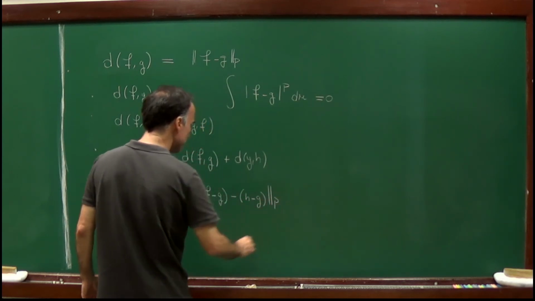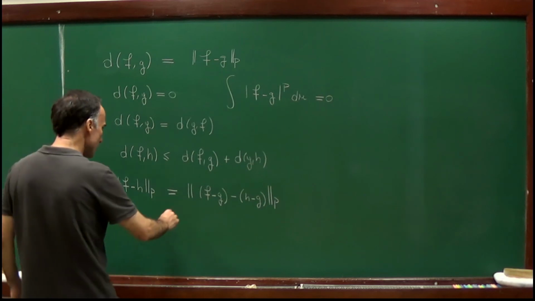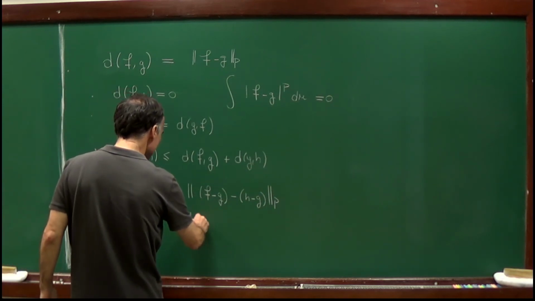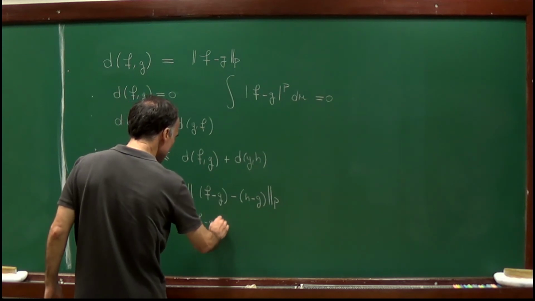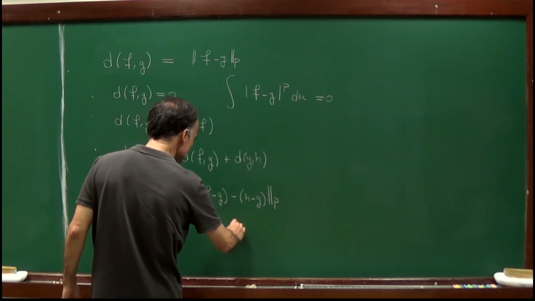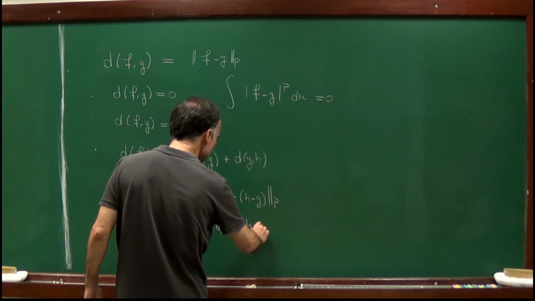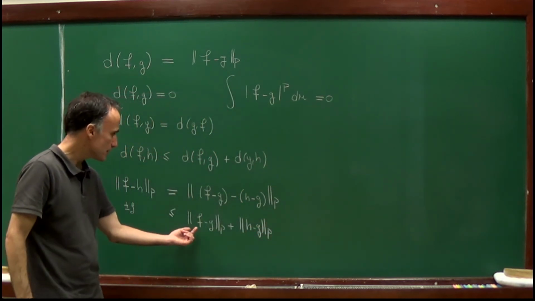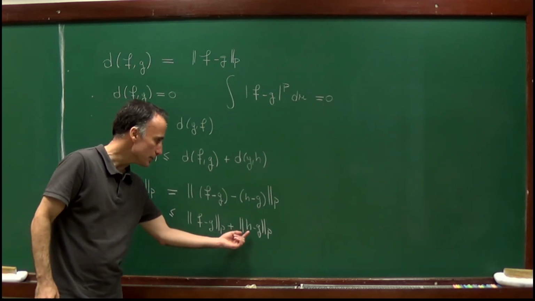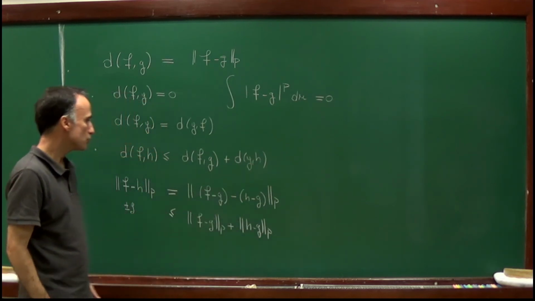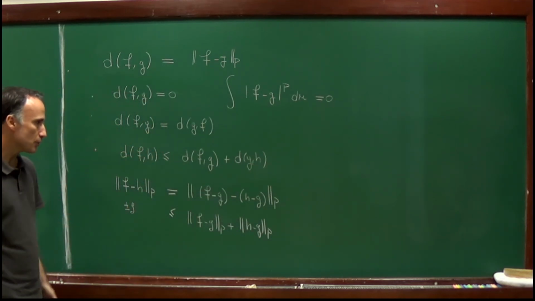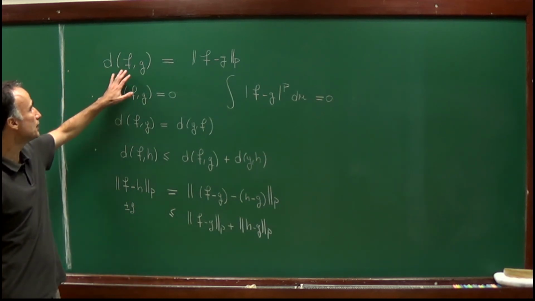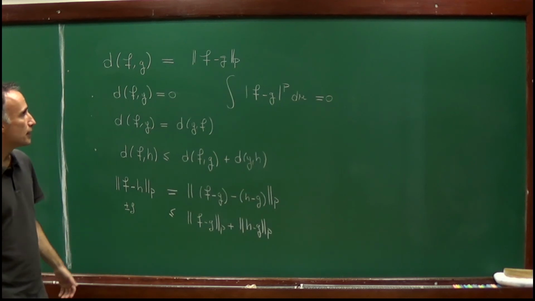Now by Minkowski inequality, this is less than or equal to ||f minus g||_p plus ||h minus g||_p, and this is exactly the distance between f and g plus the distance between g and h. So this inequality is a simple consequence of Minkowski inequality, and therefore d defined by this identity is a distance in the space L^p.